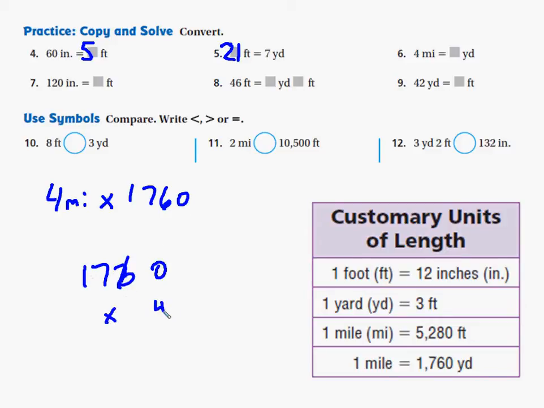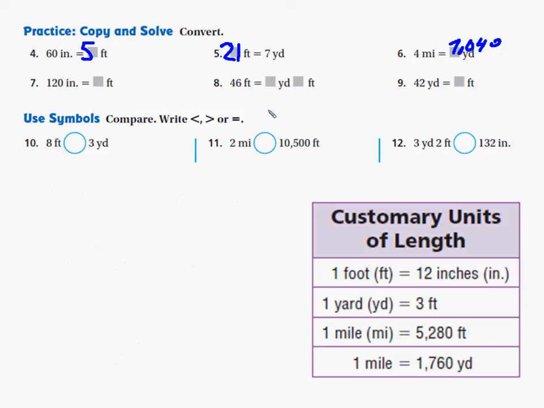Times 4. 0 times 4 is 0. 6 times 4 is 24. 7 times 4 is 28. Plus 2 is 30. 4 times 1 is 4. Plus 3 is 7. And that gives me 7,040 yards in 4 miles.